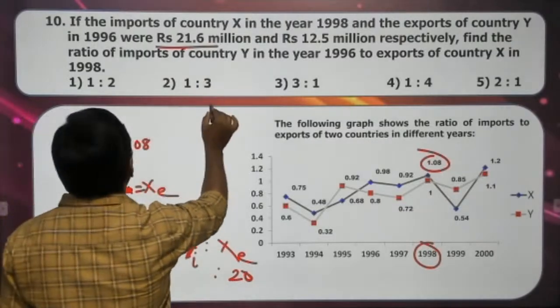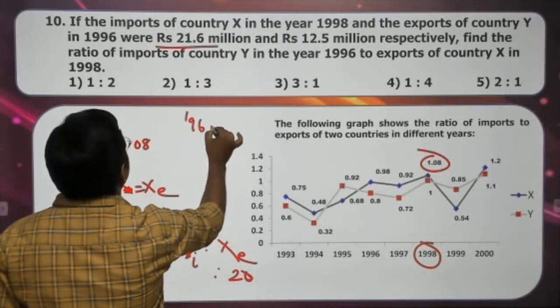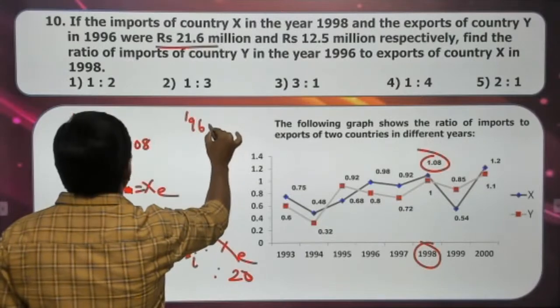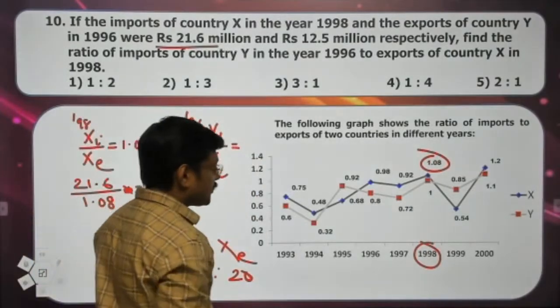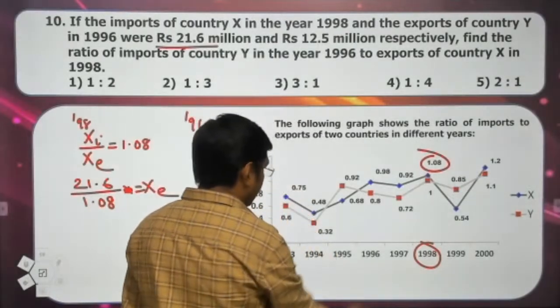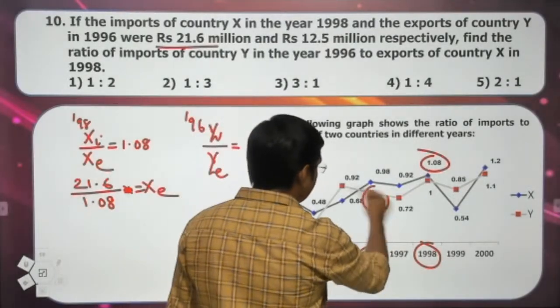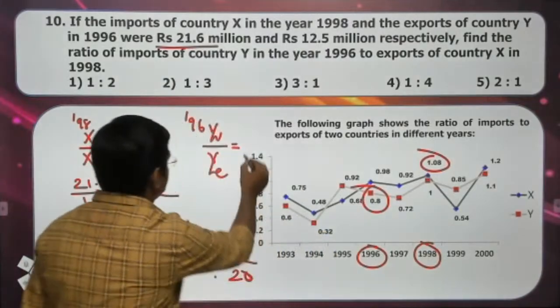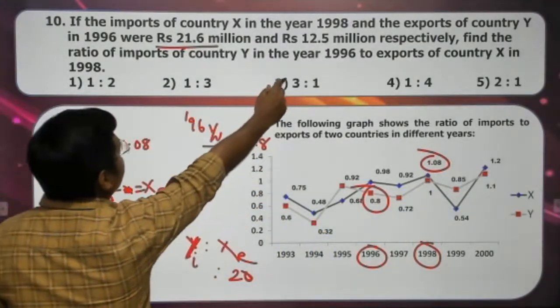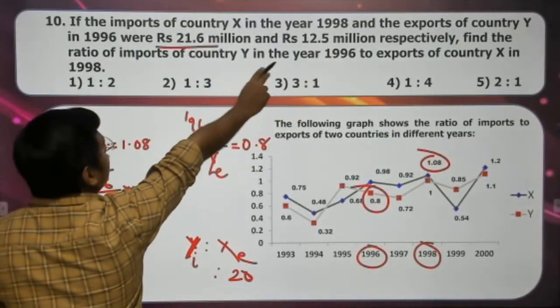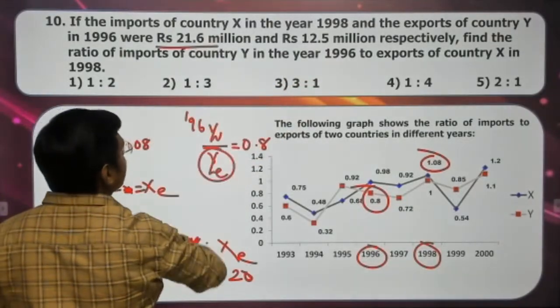Similarly, next, 96 import to export ratio. For country Y in 96, it is 0.8, right? So this is 0.8, and what we know is that export is 12.5.